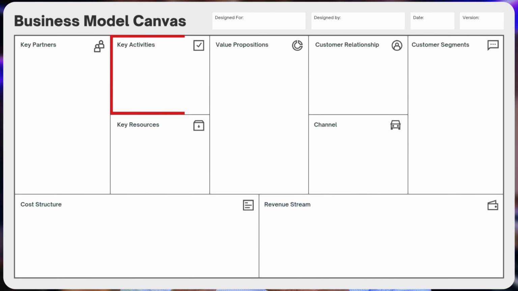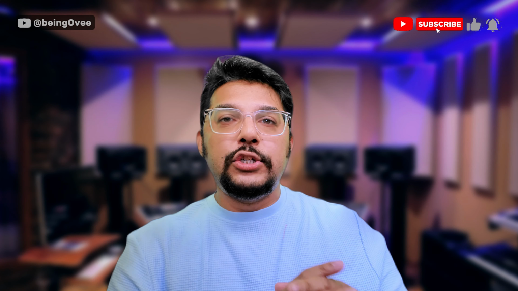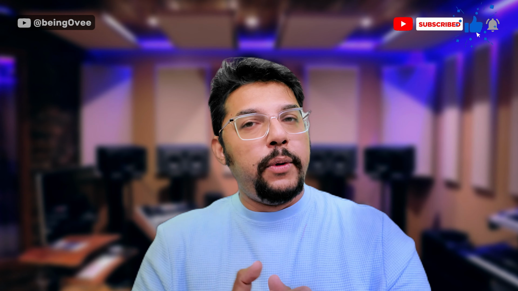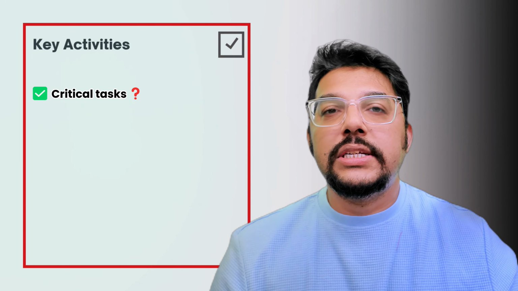So the next step in the business model canvas is key activities, the essential things a business must do to create and deliver value to its customers. Key activities define the core operations that keep a business running. These activities should be directly aligned with the value proposition, ensuring the company delivers its promises. To identify the key activities, you should ask yourself: what are the most critical tasks we must perform to deliver our product or services?